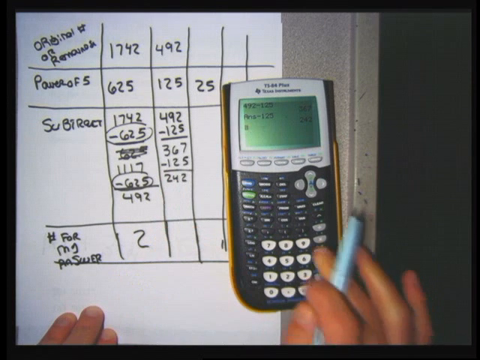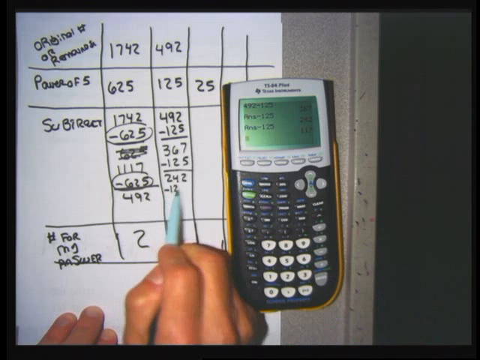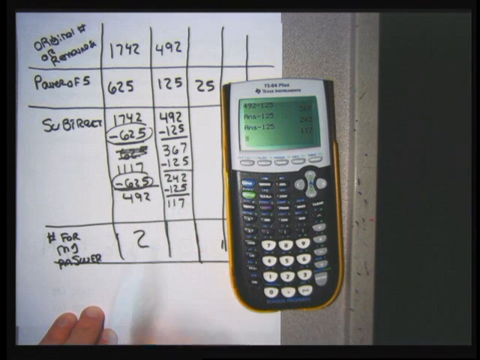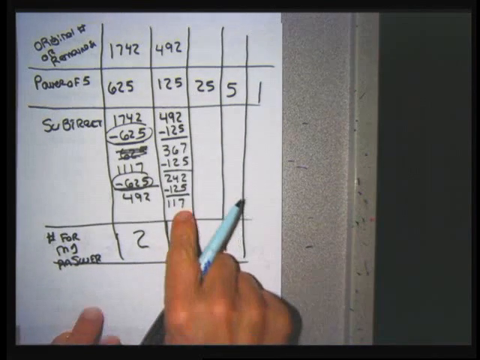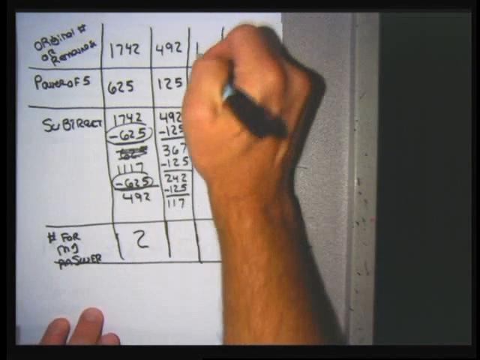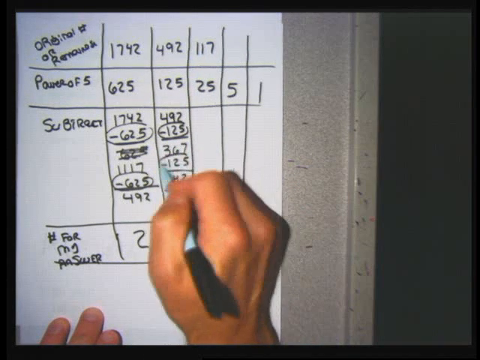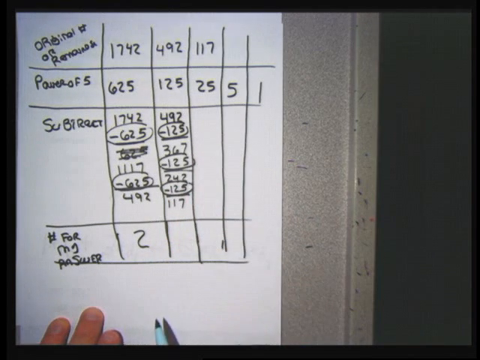Still can do it, so I'll go minus 125 again. And once this number is less than what you're subtracting, you stop, because the next subtraction would give me a negative. So I'm done with the 125 column, and I need to do two things. I need to carry the remainder over to the top, and I need to find out a number for my bottom row. The number for my bottom row is going to be the number of times I got to subtract that power of 5, which is 3.